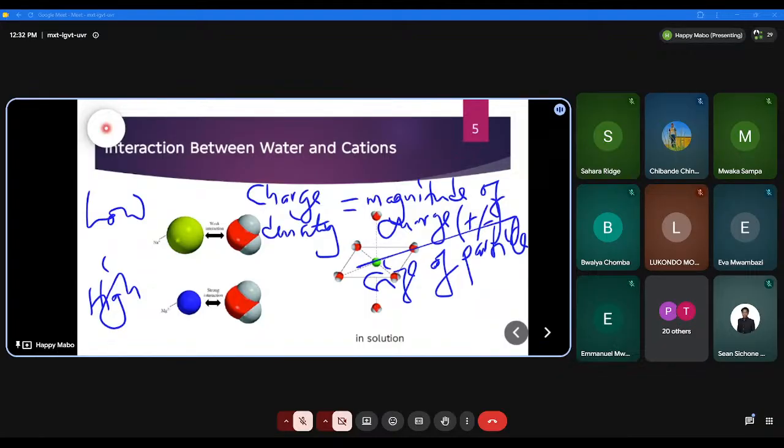So the explanation is that magnesium ions have got a higher charge density compared to sodium ions, and therefore they have a greater interaction with the water molecules, making them more soluble, or able to dissolve to a greater extent compared to the sodium ions. I hope that was clear enough, and we should be able to answer questions that are given. So with that, we can move to the next slide.